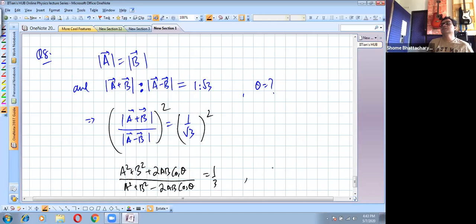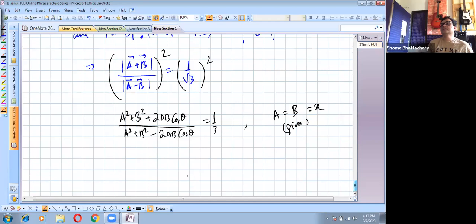Now in this, remember that the magnitude of A is equal to the magnitude of B. That was given. So let's take that as x. You'll see x will cancel out. So you'll get x square into 2 plus 2 cos theta, upon x square into 2 minus 2 cos theta, is equal to 1 by 3.